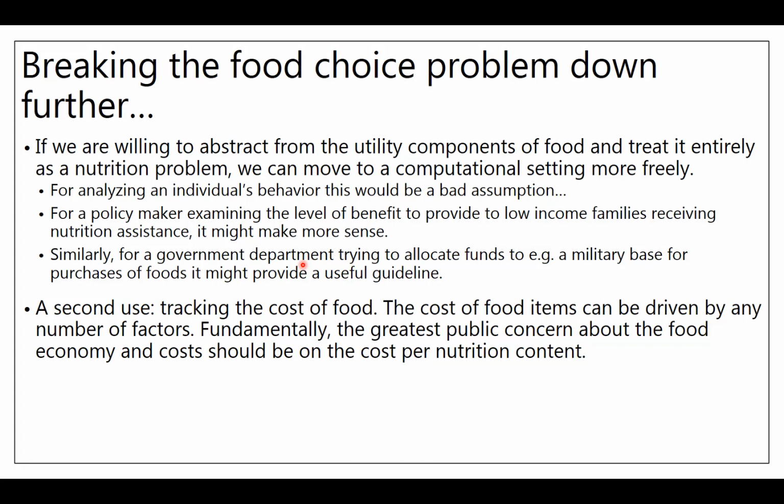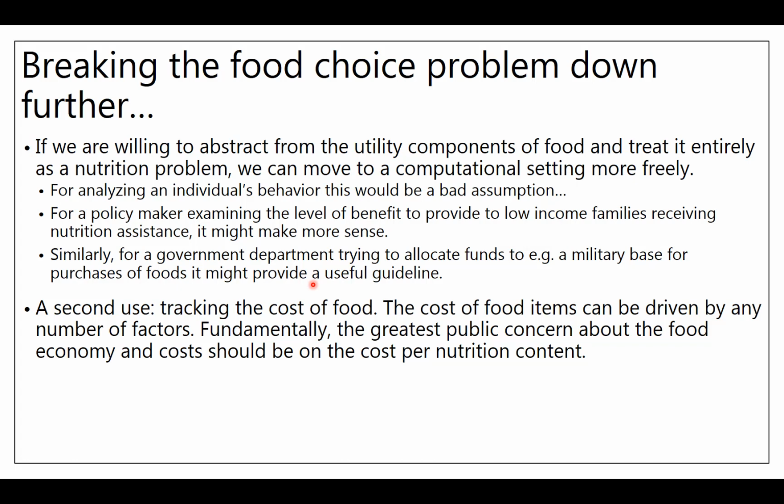There's always some palatability or enjoyment, diversity of food items, those kinds of things. So we've talked about that a little bit. School lunch programs, prison, military, anything where the government is in charge of buying food, they have to make an accounting of how they're spending the money, and so there's a role for this kind of model.